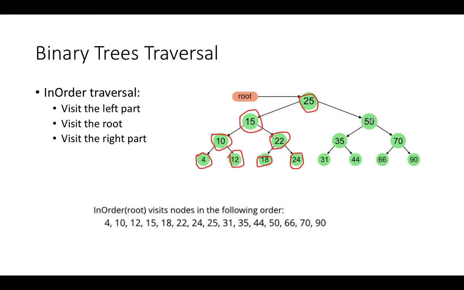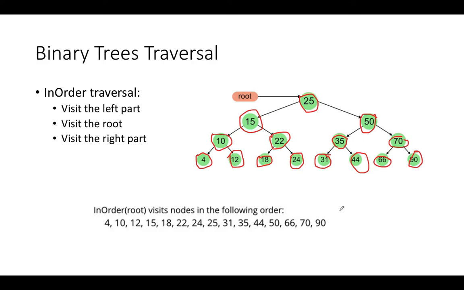But again, in the right part, we have to visit the left part first. Before 35, we have to visit the left child, 31, and then 35, and then 45, and then we go to 50, and in the same way, we visit first 66, 70, and 90.